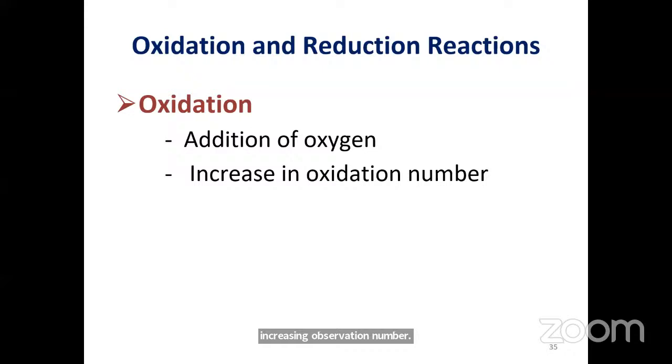If there is an increase from 0 to 1, or 1 to 2, or 2 to 3, we say oxidation has taken place.